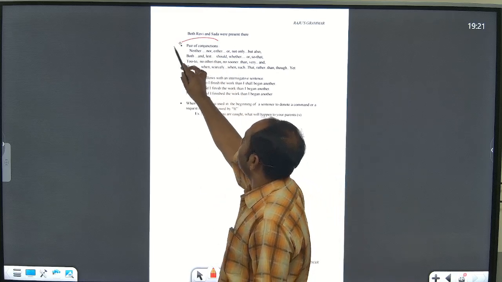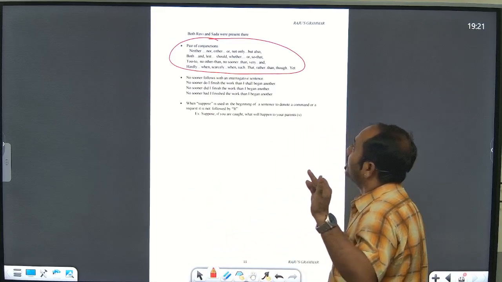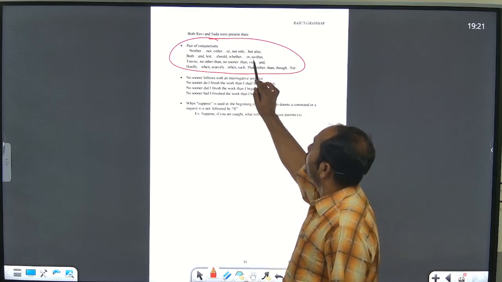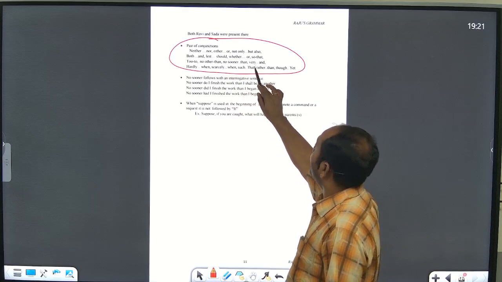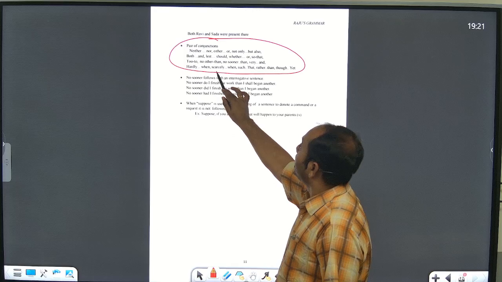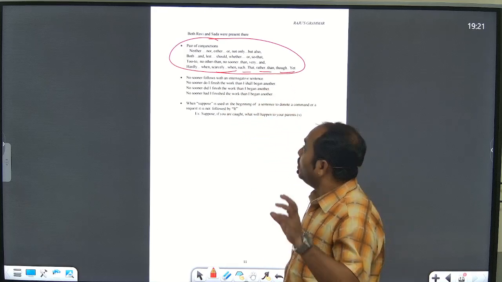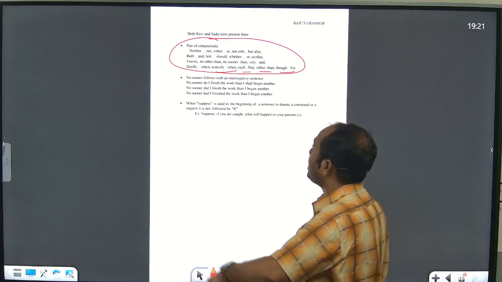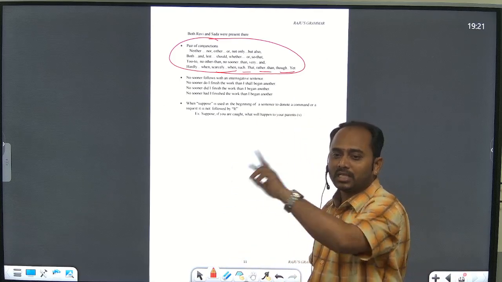And the pair conjunctions which we have to remember for the corrections: neither nor, either or, not only but also, both and, lest should, whether or, so that, no other than, no sooner than, hardly when, scarcely when, such that, rather than, though yet. So in a sentence, if you get one of the conjunctions, in the next part compulsorily the pair conjunction should follow. Not only you but also someone.